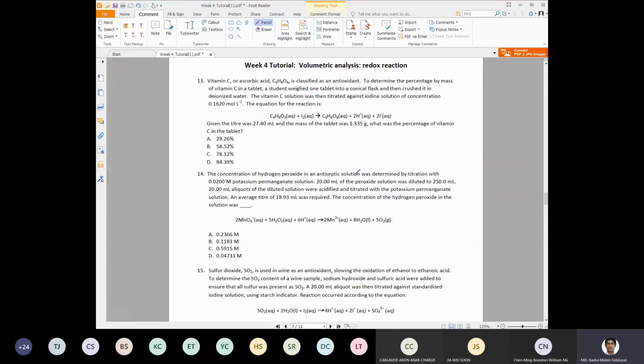Question number 13. Vitamin C or ascorbic acid, C6H8O6. This is the vitamin C that we can get from citrus fruit like lemon, and other fruits as well, and also in the tablet form supplement that we take. It is an antioxidant.